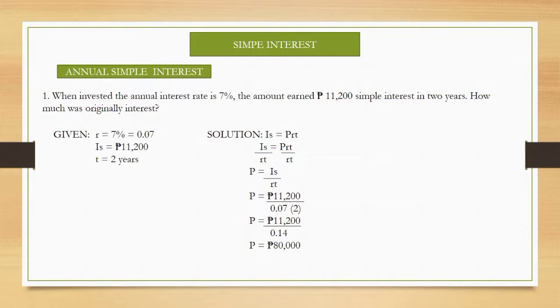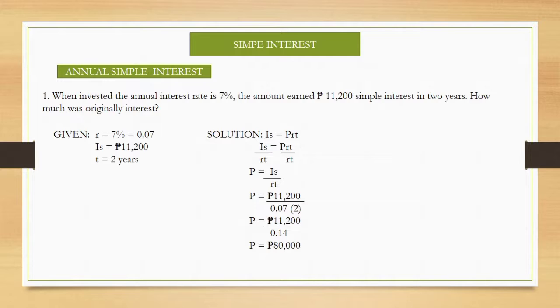So we should get the value of IS, or simple interest, which is 11,200 pesos, over 0.07 multiplied by 2. Let's take a look at the denominator. 0.07 times 2 is equals to 0.14.